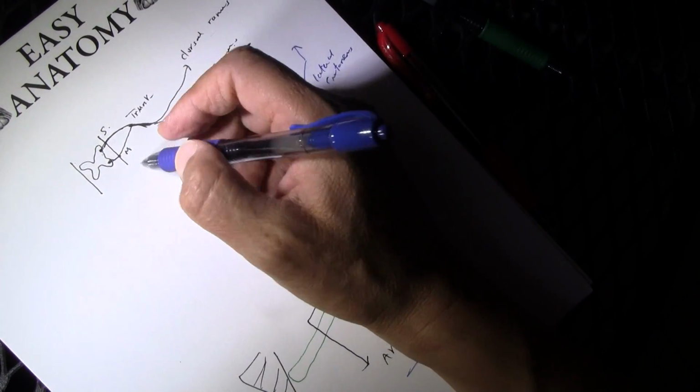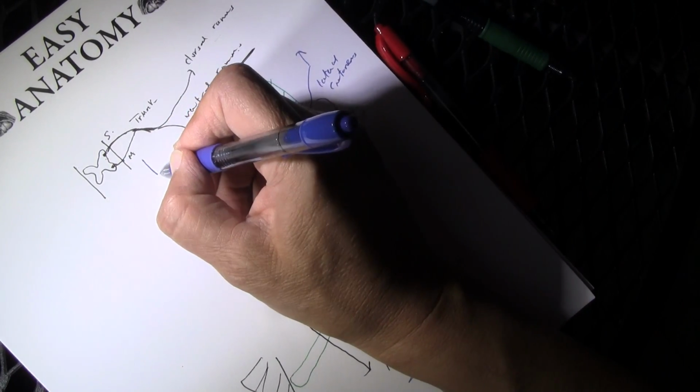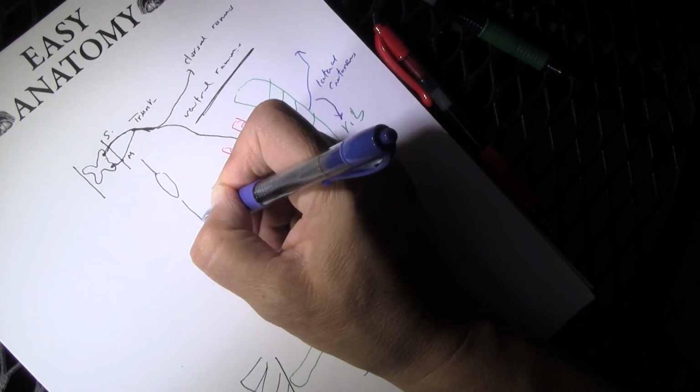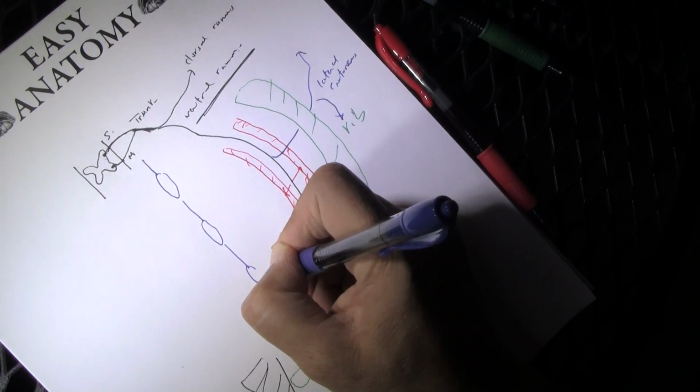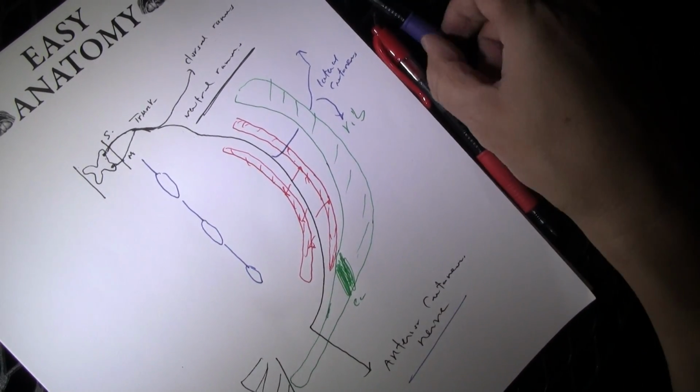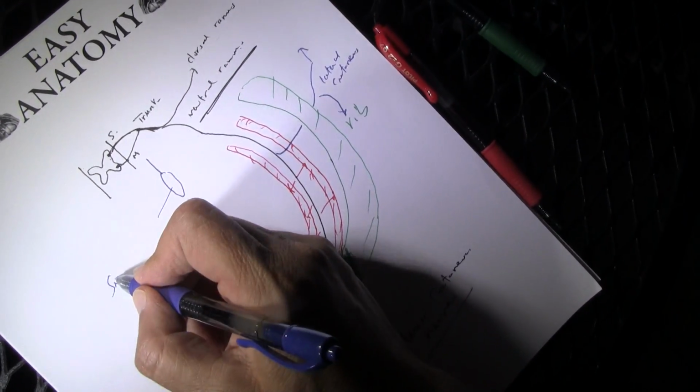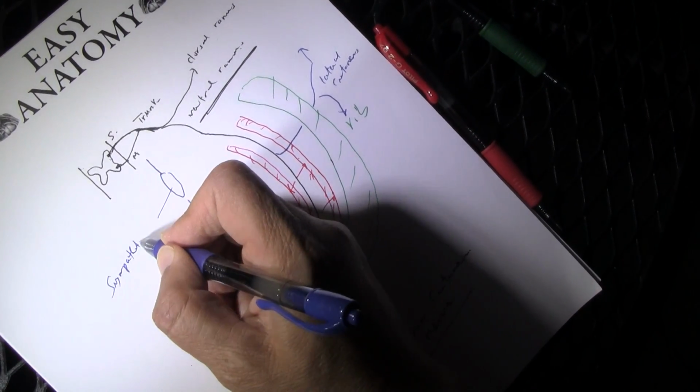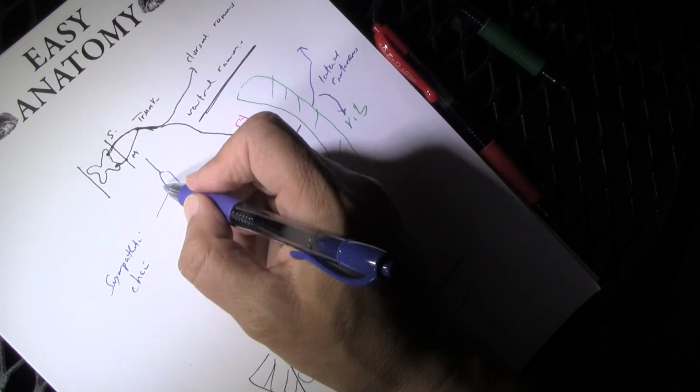Here, close to the vertebral column, remember we have the sympathetic trunk, the sympathetic chain and the ganglia.